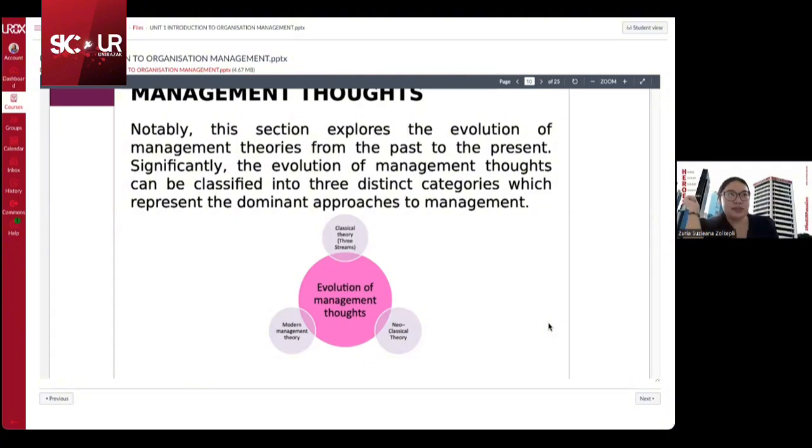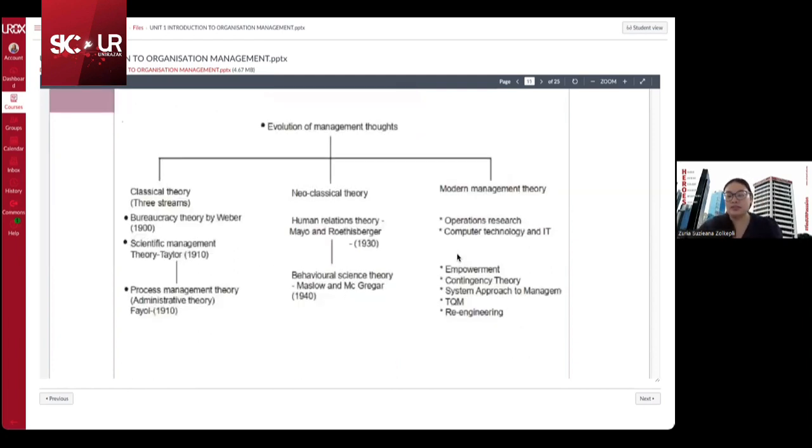And then the third one is political. So political, maybe it's pressure from political institutions. For example, maybe before this, in classical theory, you can see there is bureaucracy theory.